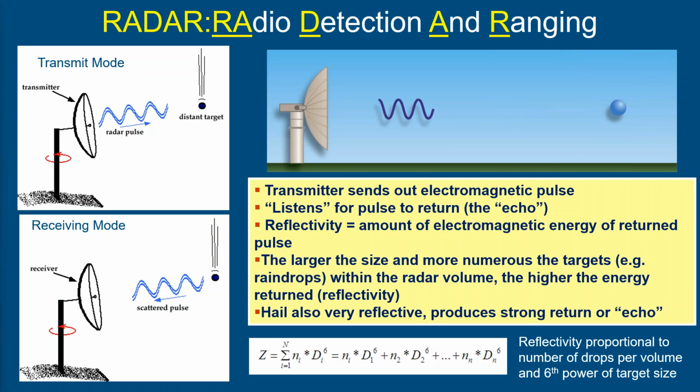So a portion of the energy is scattered back to the radar, and the time it takes for the pulse to go out and back lets us know where the target is. And the amount of energy return is proportional to essentially how heavy the rain is, but also the size of the target. So a large hailstone will return a lot more energy than a small raindrop, for example.